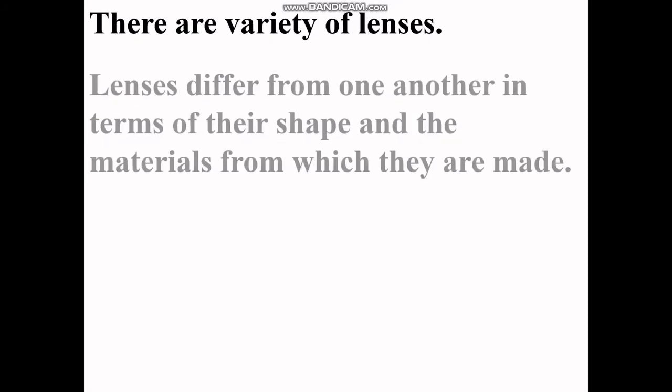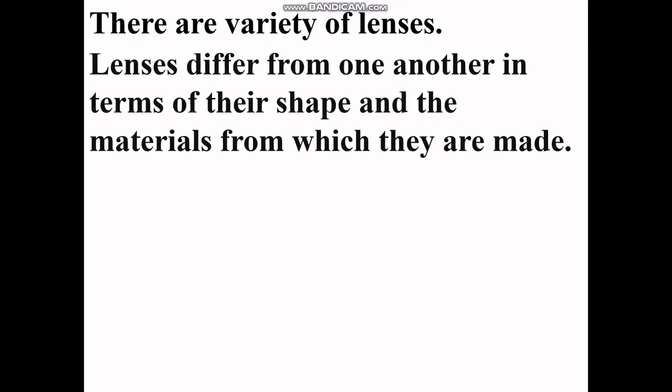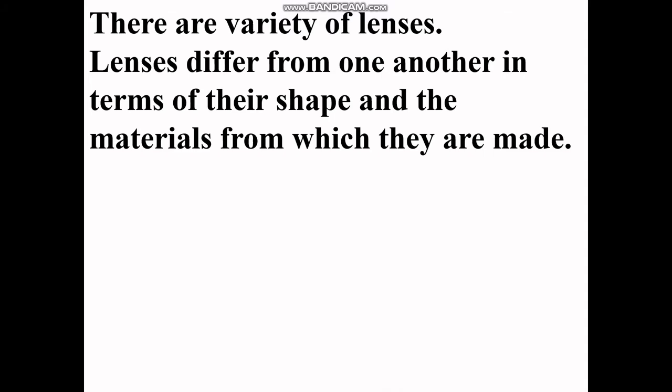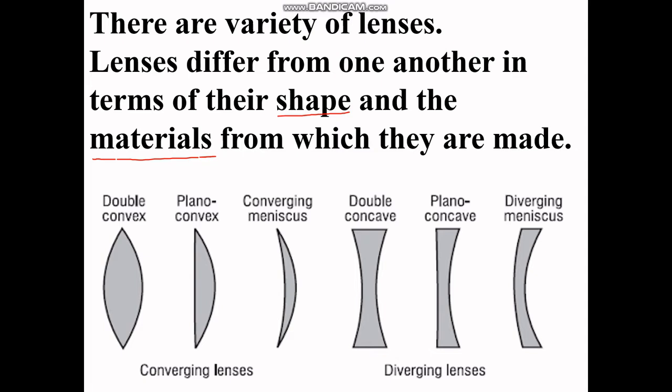There are a variety of lenses. Lenses differ from one another in terms of their shape and the materials from which they are made. Here you can see a variety of lenses. The first lens you can see has curved surfaces bulging outwards. It is known as double convex, or you can even call it biconvex.